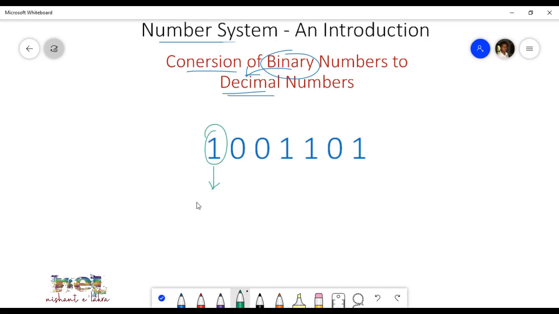Like for example 10011101, we have learned about this. The leftmost digit is termed the MSB, which is the most significant bit, and the rightmost is termed the LSB.